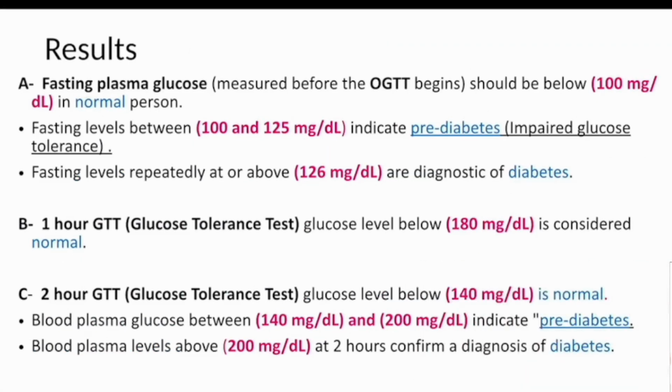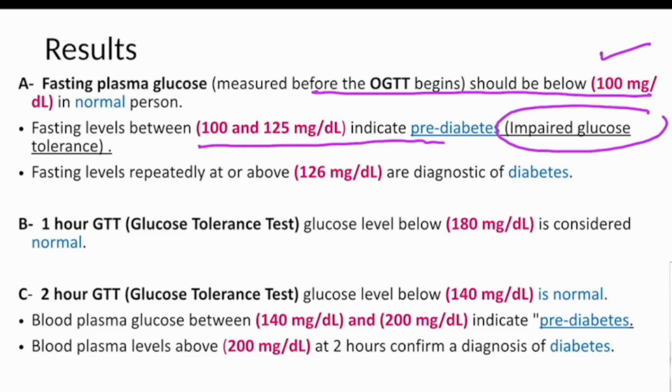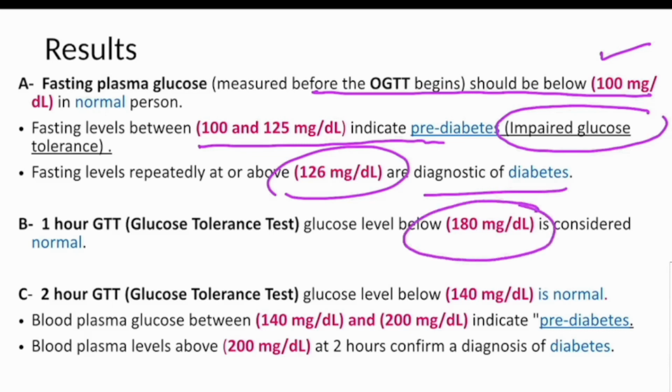Fasting plasma glucose measured before the OGTT should be below 100 milligrams. Between 100 and 125, it is pre-diabetes, impaired fasting glucose. 126 is diagnostic of diabetes. The 1 hour sugar should be below 180.